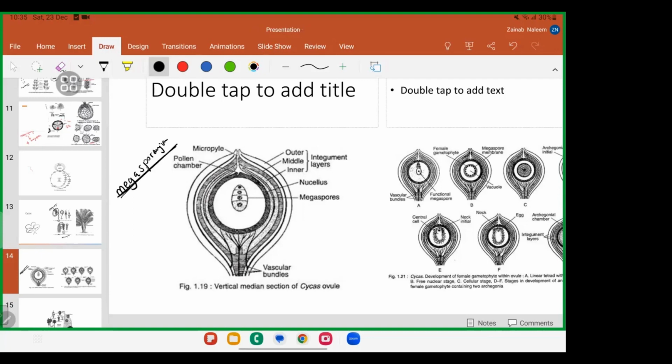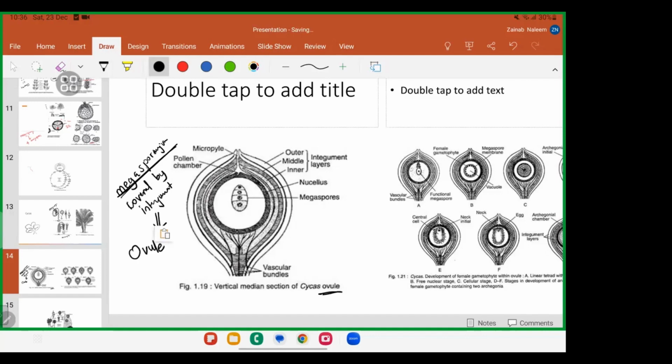What do you mean by an integument? An outer layer. This is the integument layer. It has three layers: outer, middle, and inner. So it is some sort of special than the previous cases. So we call it ovule.